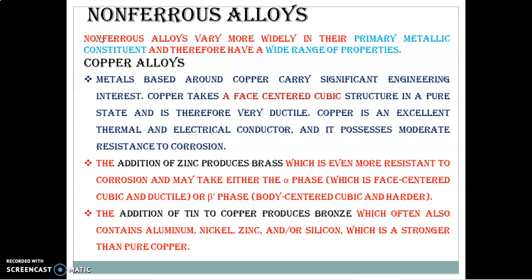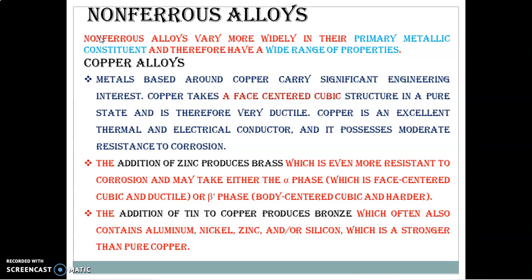Non-ferrous alloys vary more widely in their primary metallic constituents and therefore have a wide range of properties. Looking at copper alloys, metals based around copper carry significant engineering interest.